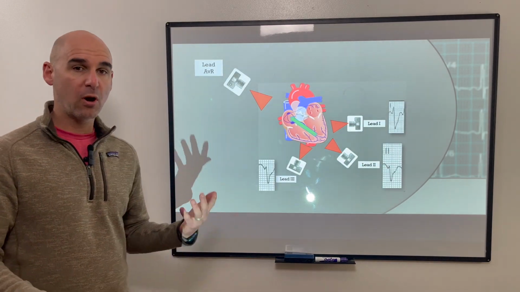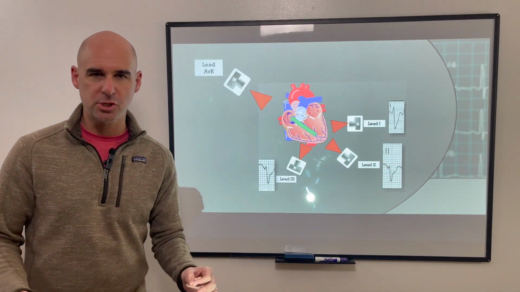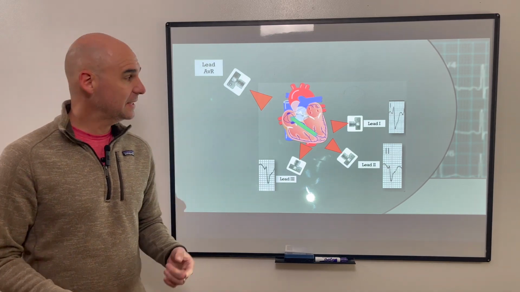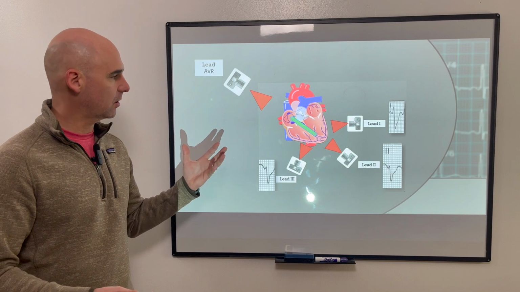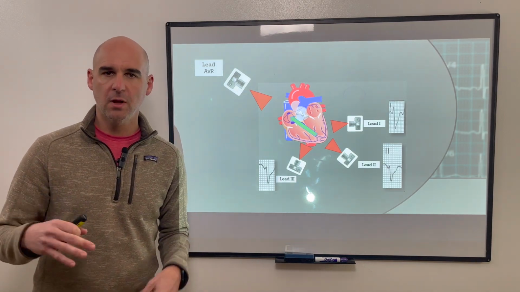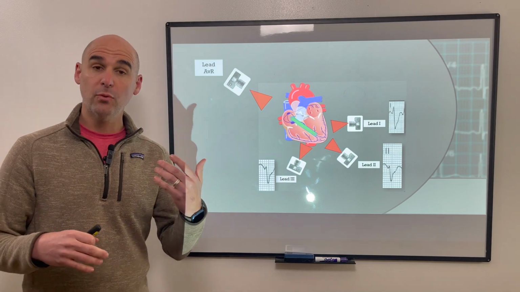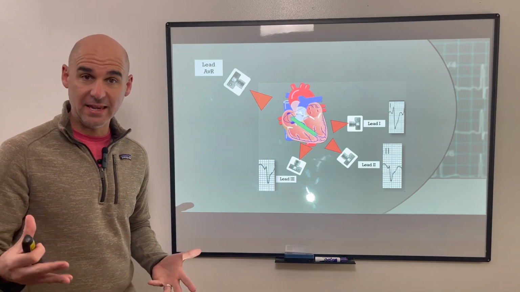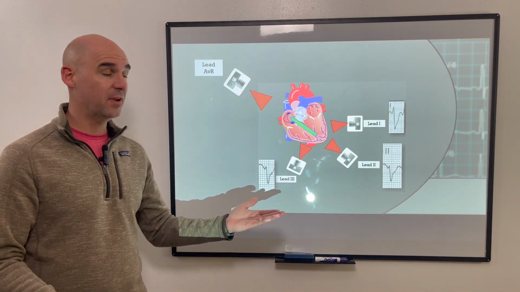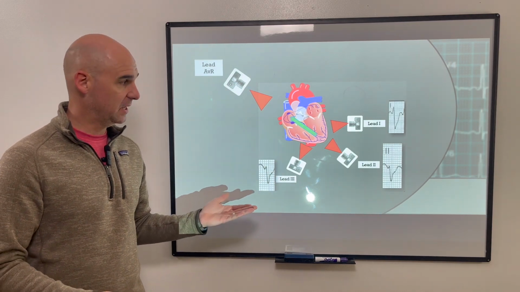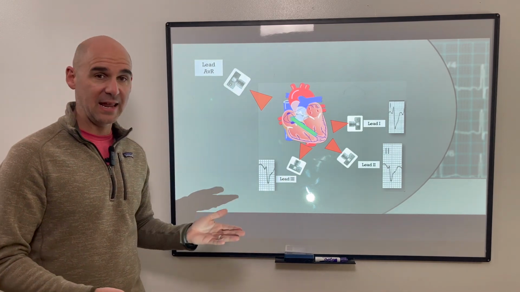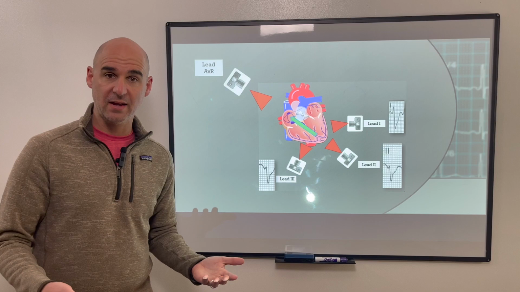The other part of this that we can use to double check ourselves is lead AVR. So lead AVR, in terms of how it looks at the heart, looks at it from almost up above the right atrium, looking down on the rest of the heart. And really that's opposite of all the other leads on the 12 lead. So in this case, where depolarization is moving away from all the other leads, specifically 1, 2, and 3, it's moving actually towards lead AVR when we're talking about extreme axis deviation.